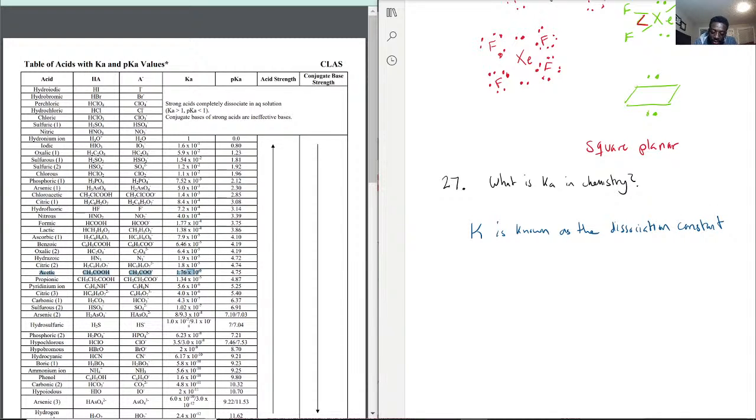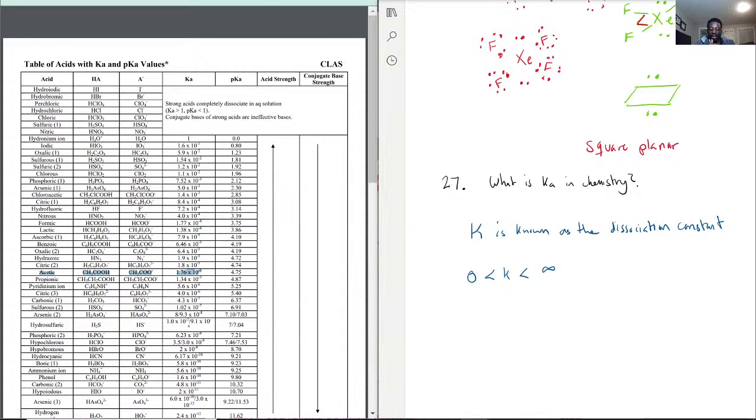And that can vary from 0 to infinity. It can get as big as it wants, but it cannot go to the negatives, because the point of K is how much something dissolves when it's submerged in a liquid, usually water. When they talk about K, it's for aqueous solution, so submerged in water.